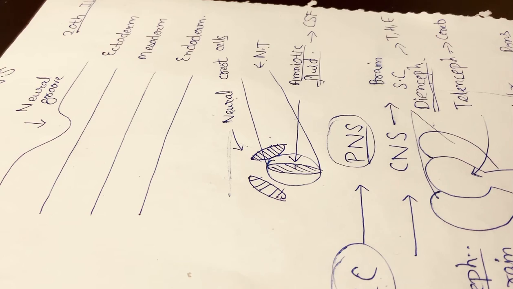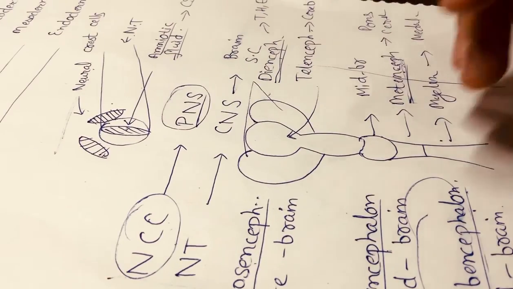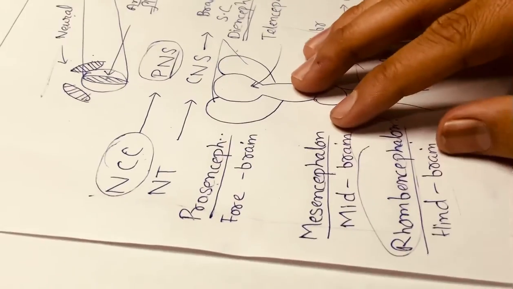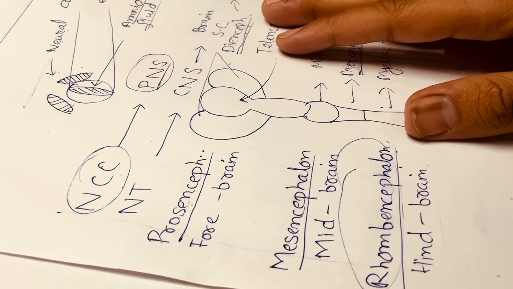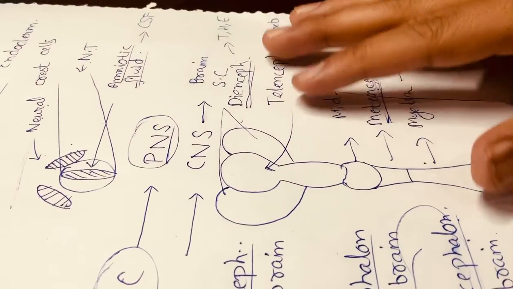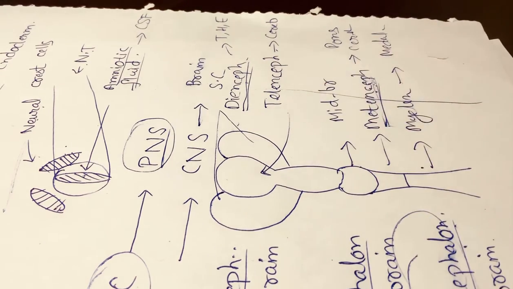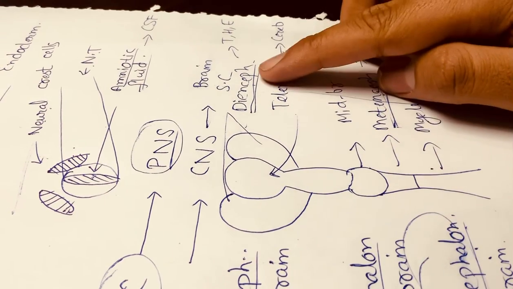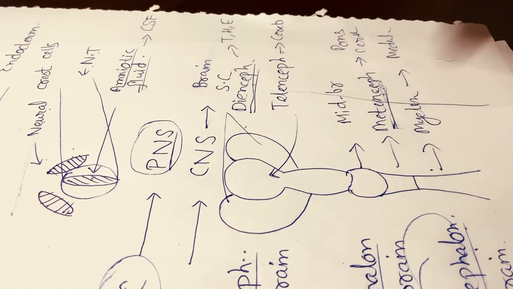Then this neural tube after some time gets changed into three primary vesicles: prosencephalon, mesencephalon, and rhombencephalon. After some time these primary vesicles get changed into secondary vesicles. So prosencephalon is divided into diencephalon and telencephalon.